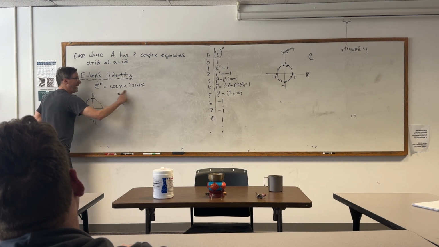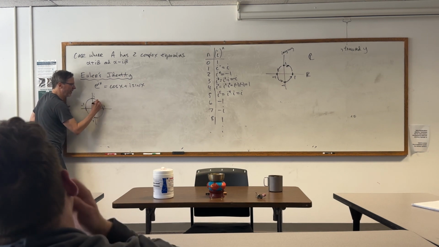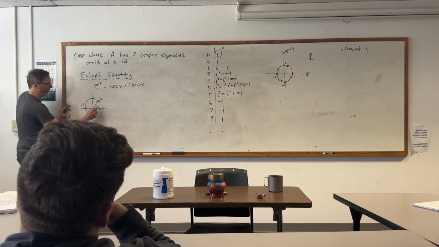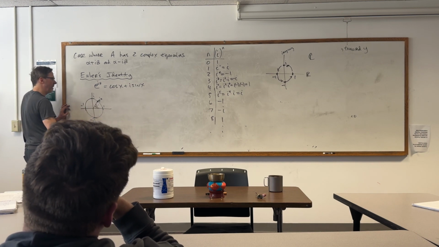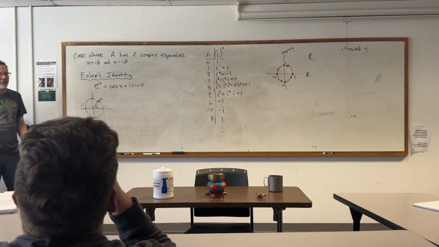And if you know your trig well, it's just the number that has angle x right there. So this is e to the ix right there. Your cos is your horizontal component, your sine is your vertical component. So you can just think of e to the ix as a number on the unit circle there.